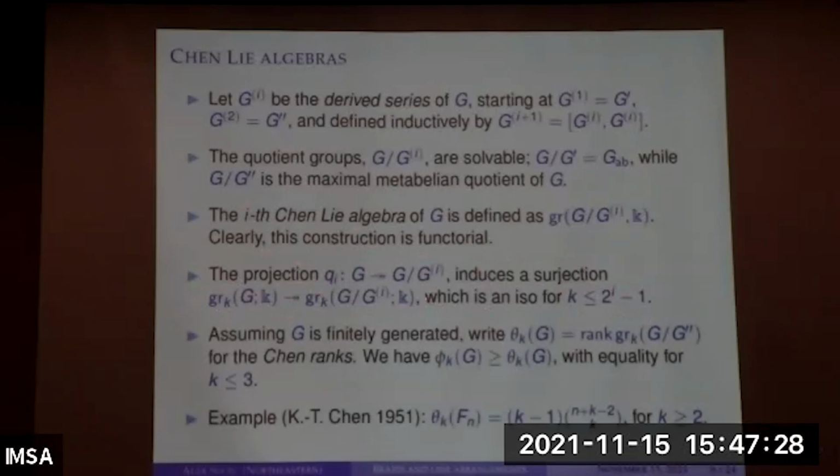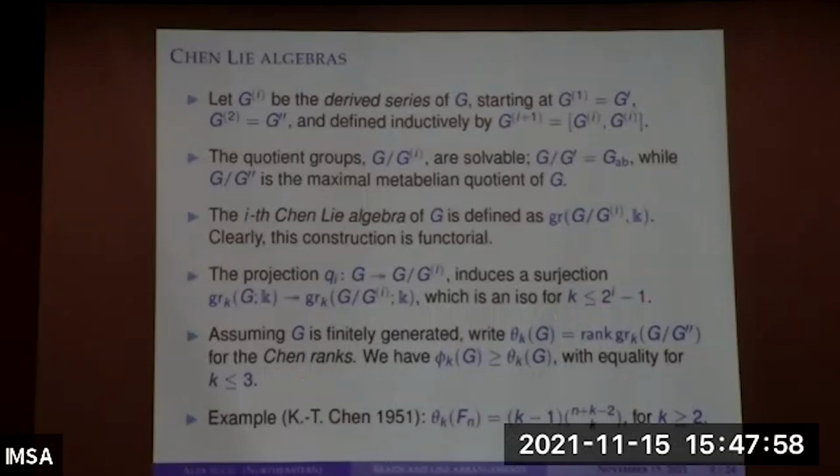So again, assuming G is finitely generated, let's look at the ranks of these graded pieces. Call them Chen ranks, because G mod G double prime is a quotient of G. You get an inequality between these two ranks, and because of this theorem I just stated above, which is very easy to prove, you get equality in the first three: phi1, phi2, phi3 agree, but from 4 on, they start diverging.